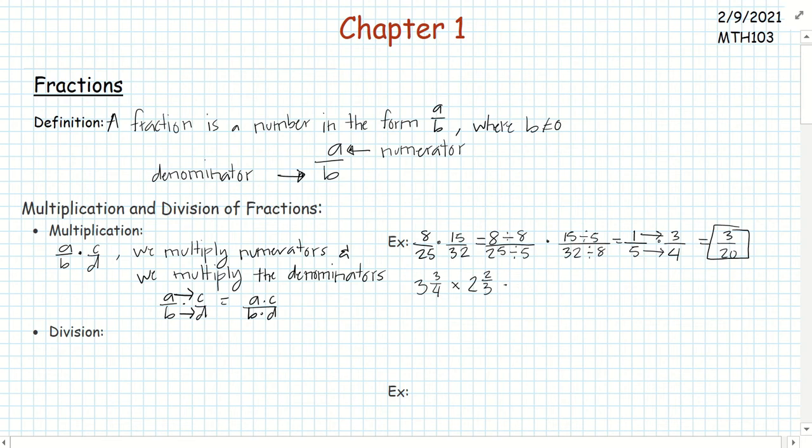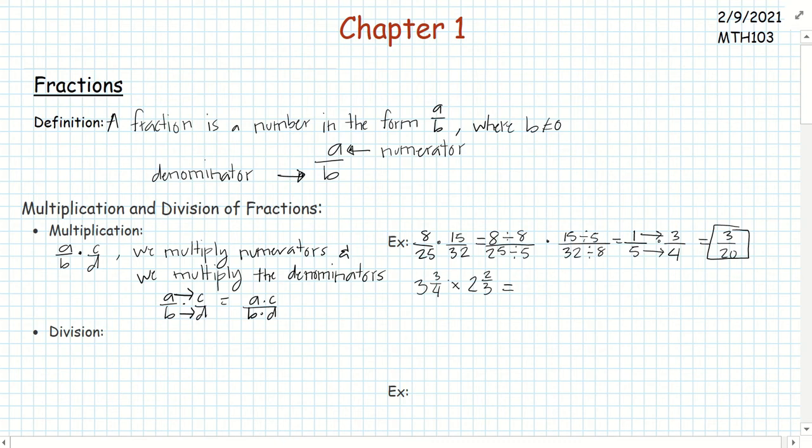Now, there's a special rule for this type of mixed numbers. We call them mixed numbers because we have a whole number and we also have a fraction, right? Now, whenever we are working with operations of fractions, it's always easier to convert them into proper fractions. That means that the number on the top will be greater than the number on the bottom, right?